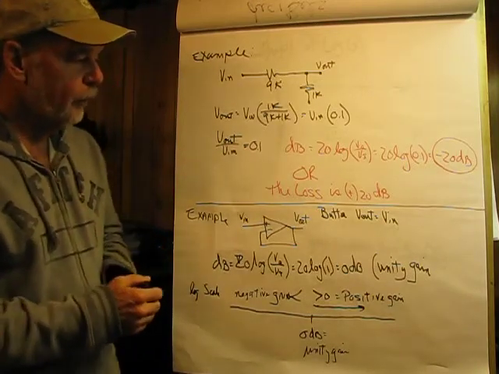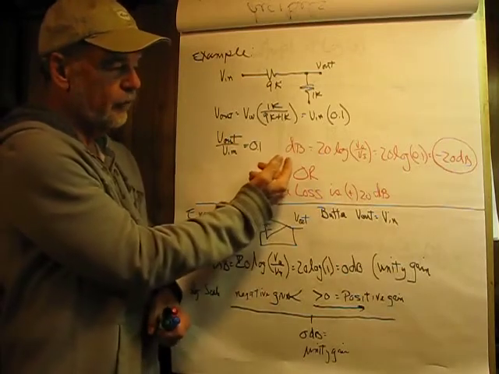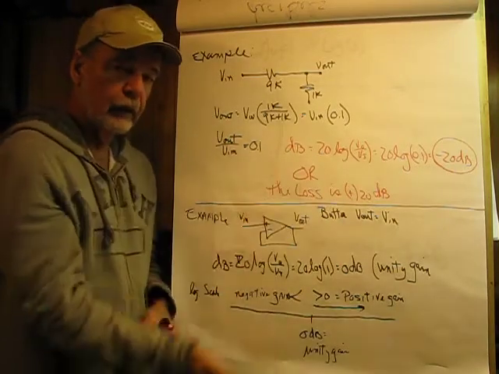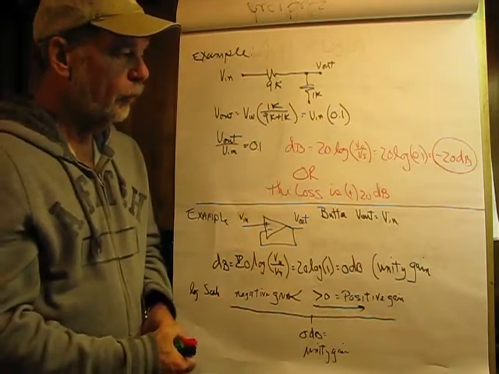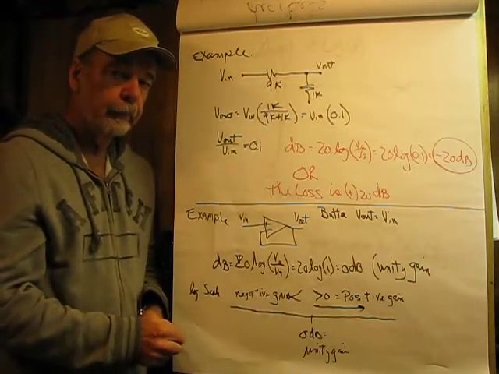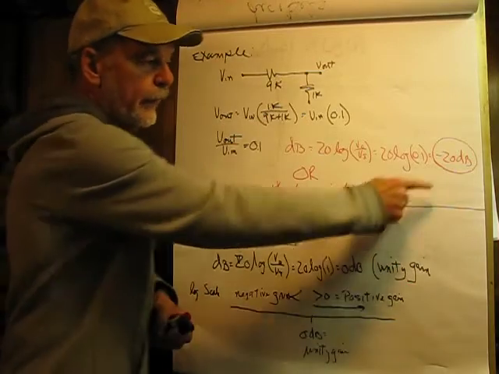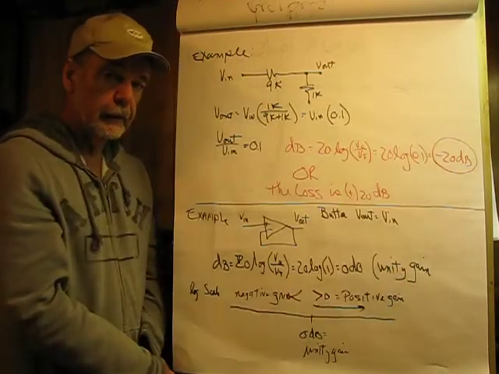Figuring that out in decibels, we have 20 times the log of V out over Vn, standard stuff, which would be 20 times the log of 0.1, which gives us negative 20 dB gain.